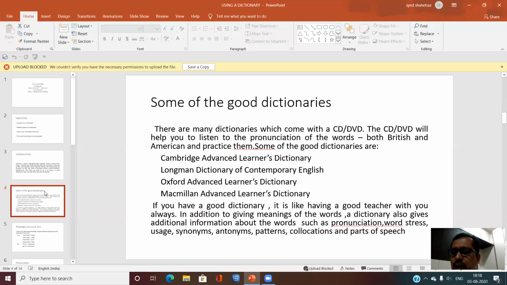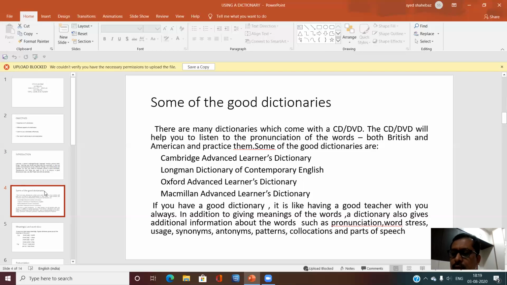In the dictionary, you will have phonetic symbols. You have to learn the phonetic symbols, understand them, and practice the correct pronunciation, American pronunciation, British pronunciation, on your own. So if you have a CD or DVD, you can play it.